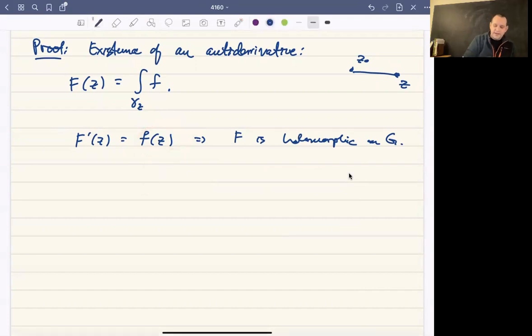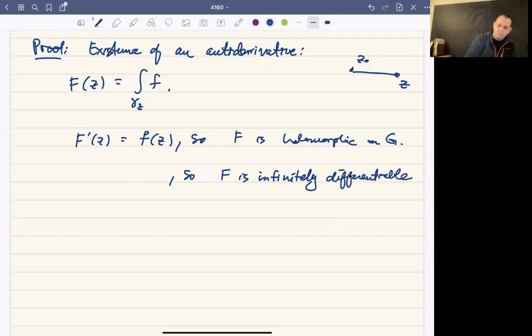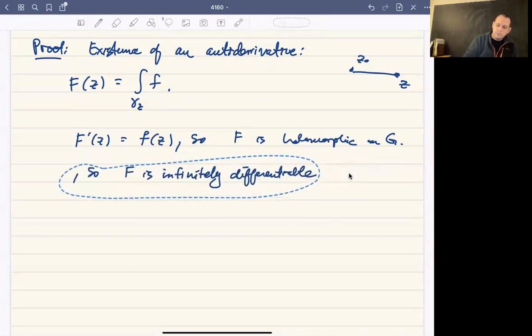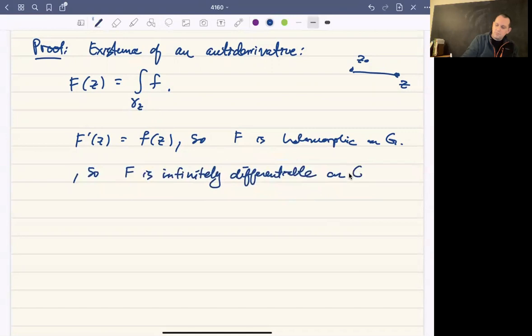So capital F is holomorphic, so capital F is infinitely differentiable on G. And therefore, little f is infinitely differentiable.